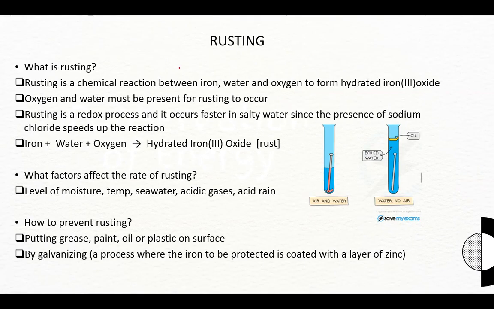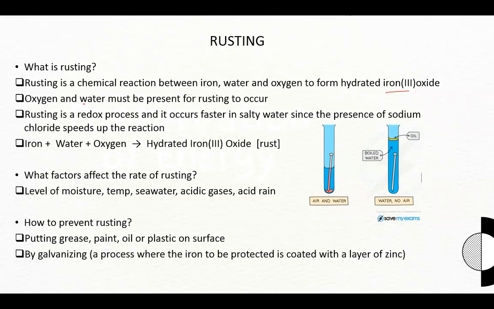And rusting, what is rusting? Rusting is a chemical reaction, it's an oxidation reaction between water, iron, and oxygen to form rust, which is hydrated iron 3 oxide. So, for rusting to take place, we must have oxygen present and we must have water, right?